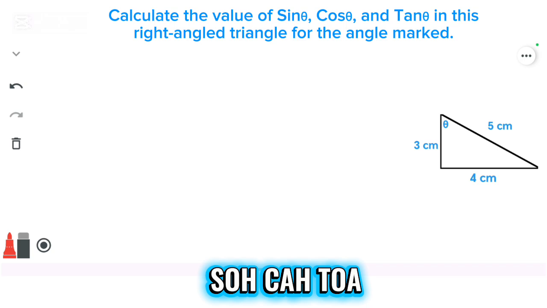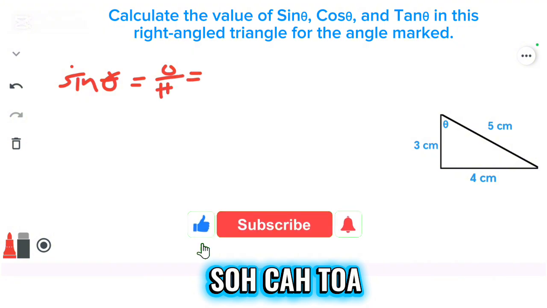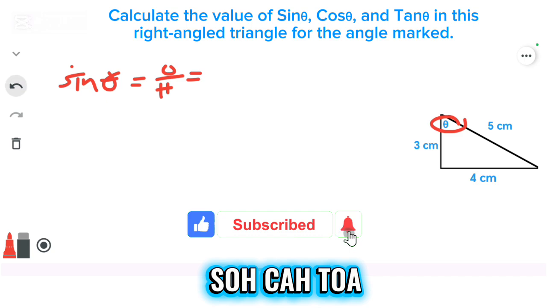Alright, so let's start with finding the value of sine. So there we go. Sine theta is equal to the opposite over the hypotenuse, and with respect to this given angle here, this is the opposite, and this side here is the adjacent.